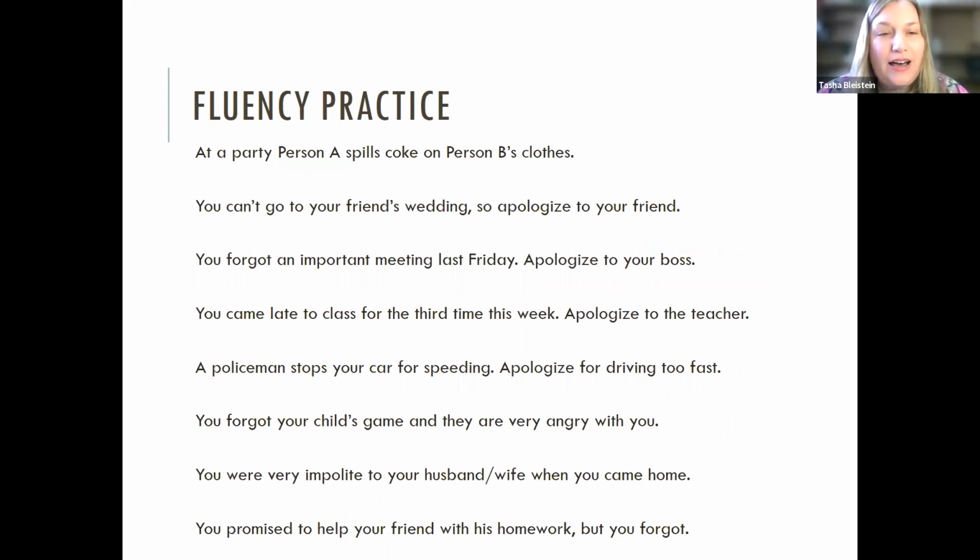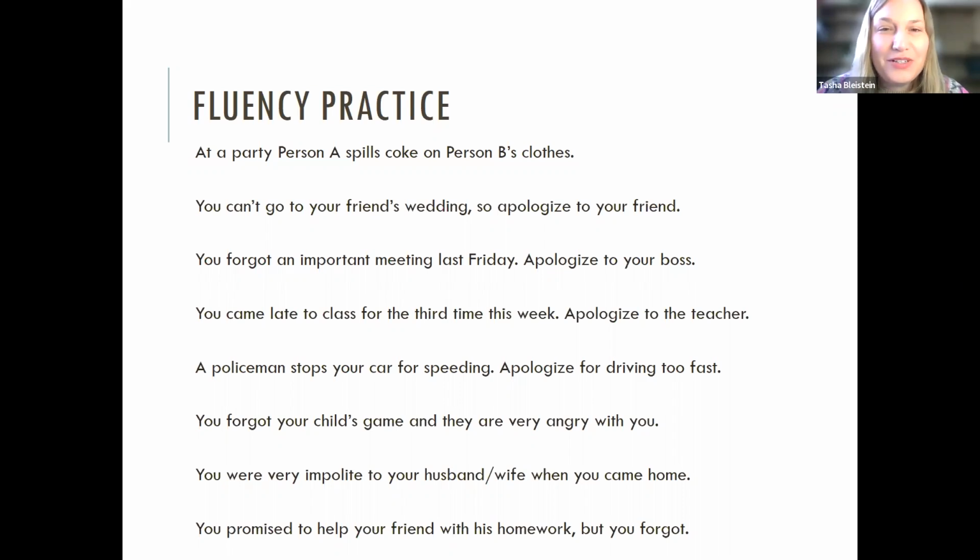So I do talk lines and have little pieces of paper. Let's say I had 8 learners. They're lined up across from each other, and they each have one of these little papers, and I can keep feeding new papers into the line. So at a party, person A spills Coke on person B's clothes, so they're going to have to apologize.